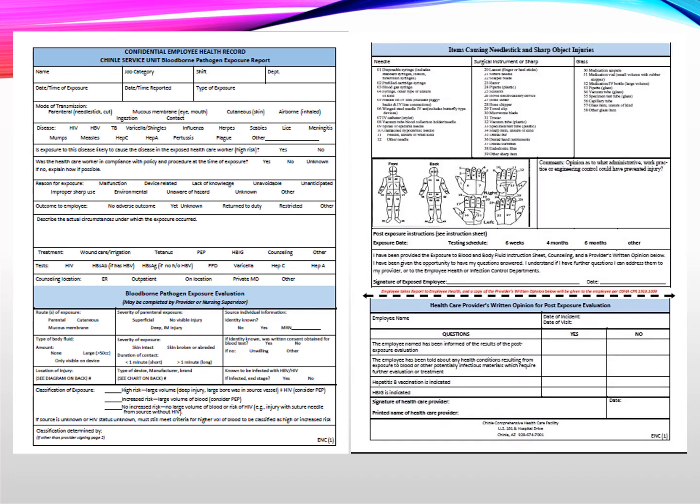Here is an illustration straight from our policy that has the evaluation form after an exposure injury. On the right-hand side, you see the provider's written opinion, and OSHA law requires a copy of this be given to the employee after the injury.